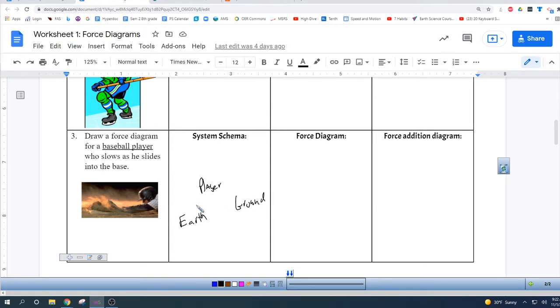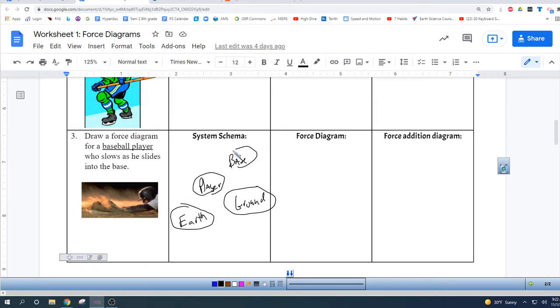In this case, the earth is going to be a downward force of gravity, and the ground is going to be an upward normal force. And we have to have something that is stopping. You can say the base is stopping or the sand is stopping; I'm just going to use base. So we have the earth acting on the player.